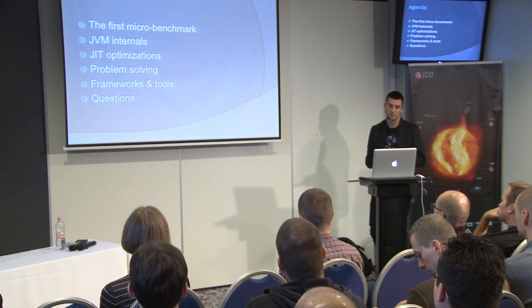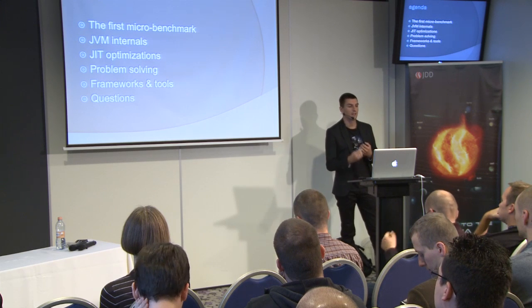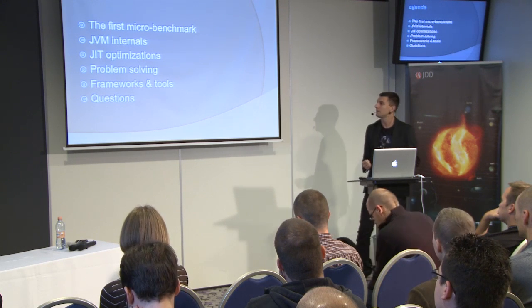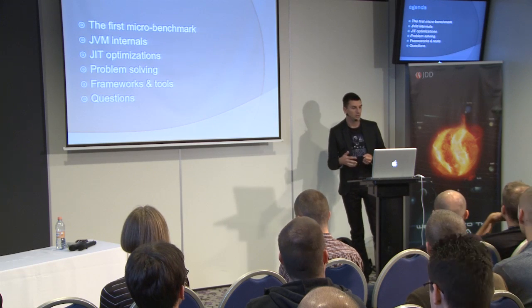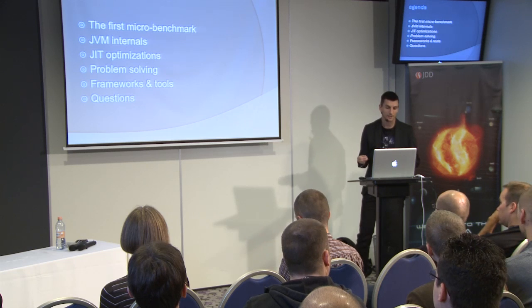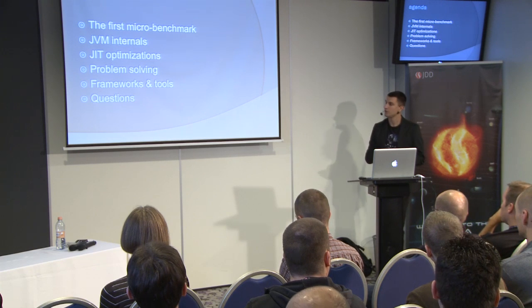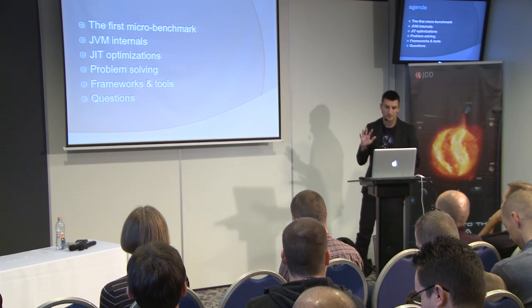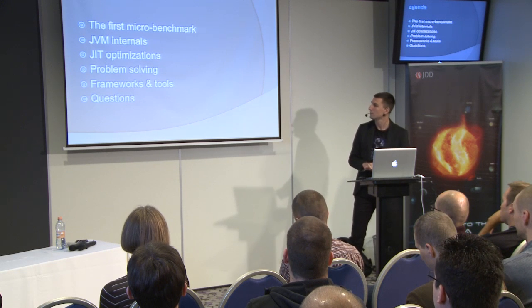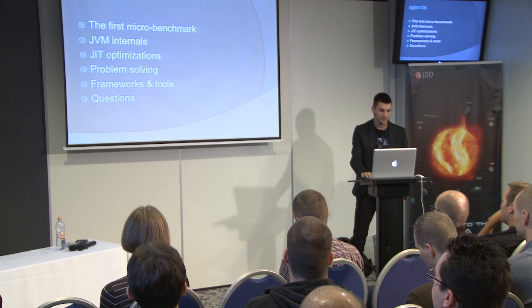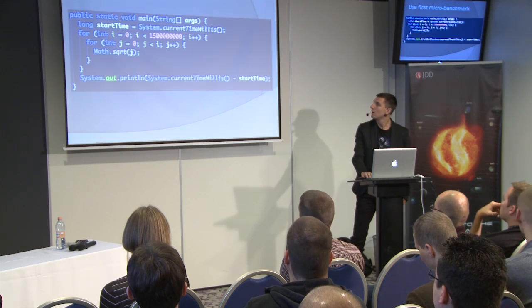And I will mention some of the problems we can encounter while implementing microbenchmarks, and I will try to tell you how to overcome them. If there are any questions you'd like to ask, please leave them until the end, and then if we have time, I will do my best to answer them.